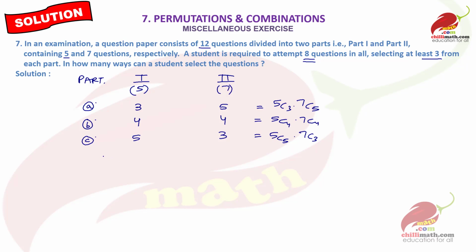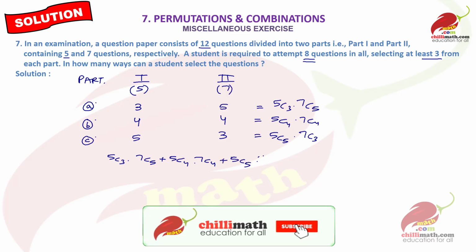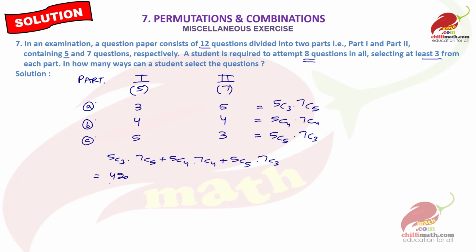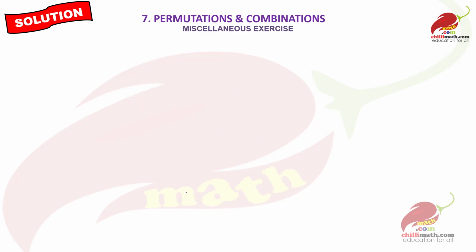So 5C3 into 7C5 plus 5C4 into 7C4, 5C5 into 7C3. After solving this, we'll get 420 ways are there to solve questions.